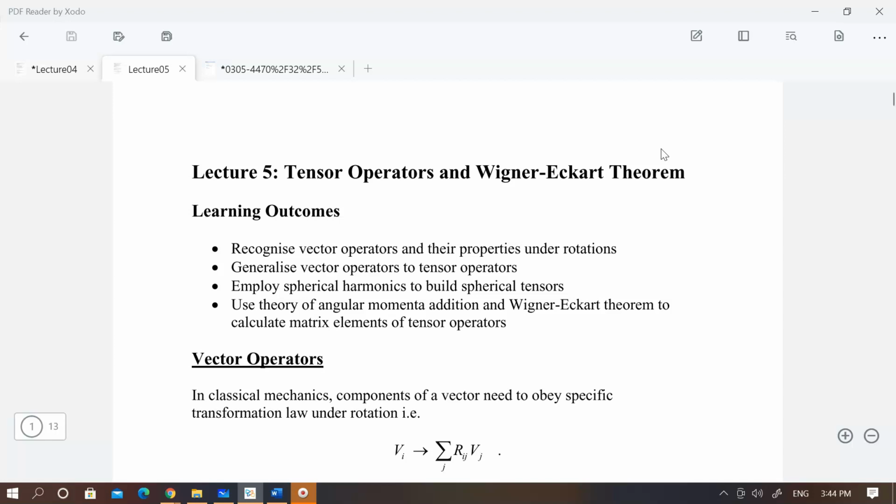So this lecture is essentially about that, and then finally at the end we will talk about the Wigner-Eckhart theorem, which is the thing that I mentioned just a few minutes ago.